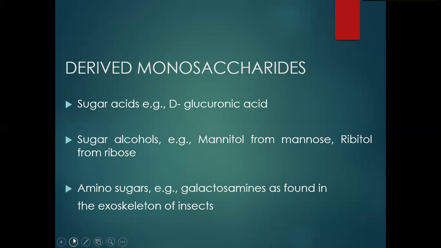Examples are mannitol, which is derived from mannose, and ribitol, derived from ribose. Amino sugars also exist as derived monosaccharides. An example of such is galactosamine, found in the exoskeleton of insects.